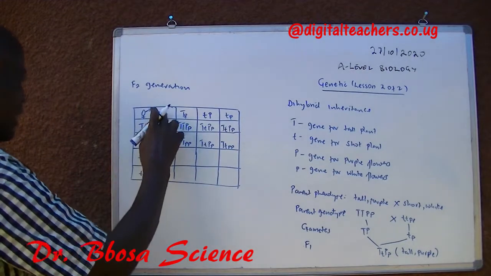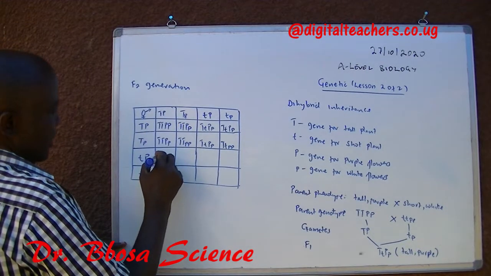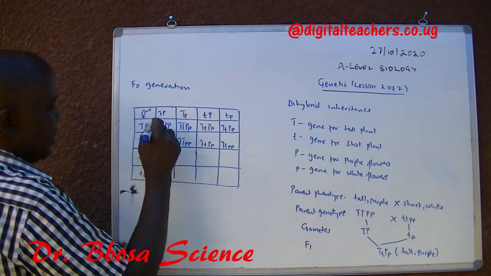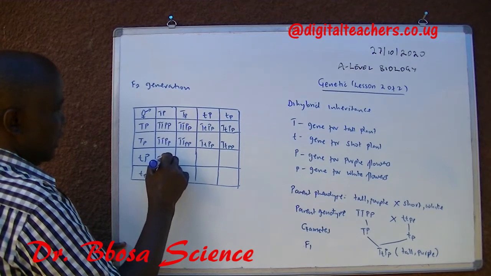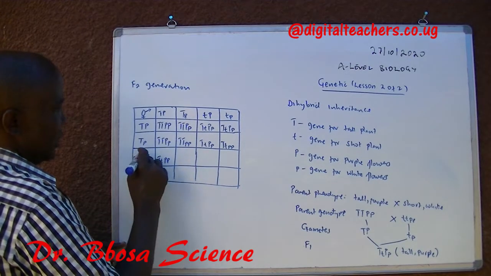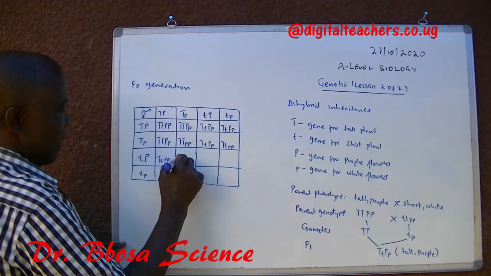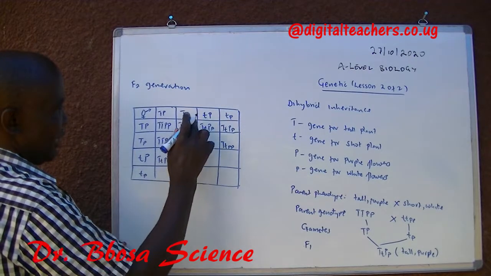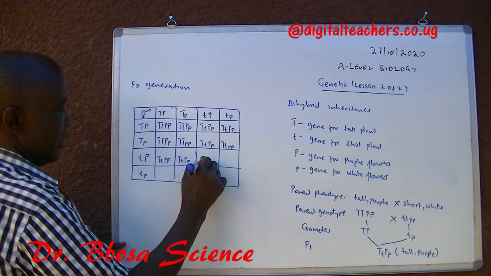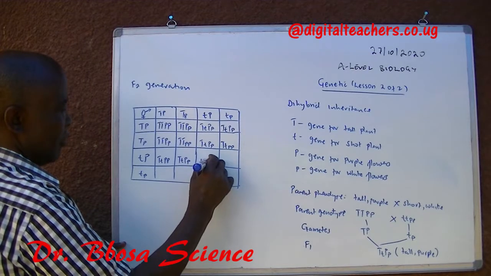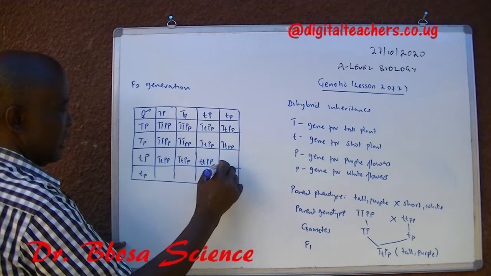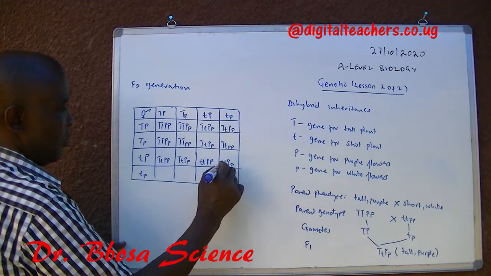When this one fertilizes this, it will be capital T, small t, capital P, capital P. This fertilizes this one to be capital T, small t, capital P, small p. When this one fertilizes this, to be small t, small t, capital P, capital P. When this one fertilizes this, to be small t, small t, capital P, small p.